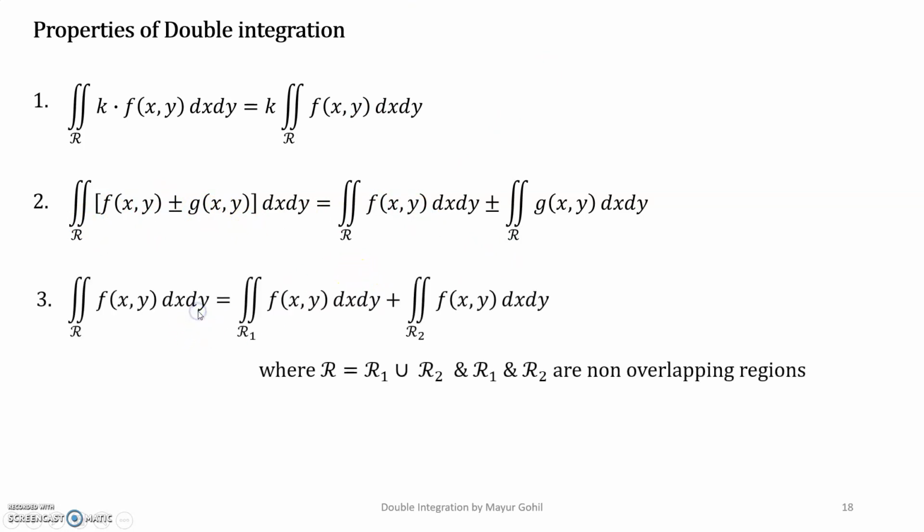Another important property is this. If you have a region R, and you have the function f of x comma y in the double integration dx dy or dy dx, and the region R is R1 union R2, where R1 and R2 are two non-overlapping regions, then you can split up your double integration over R1 and over R2.